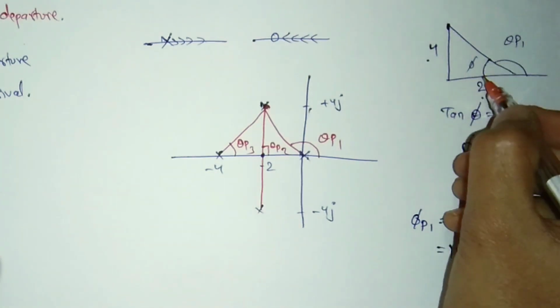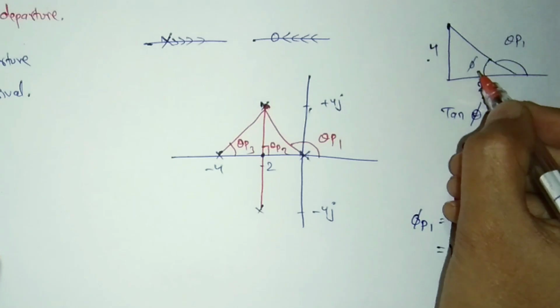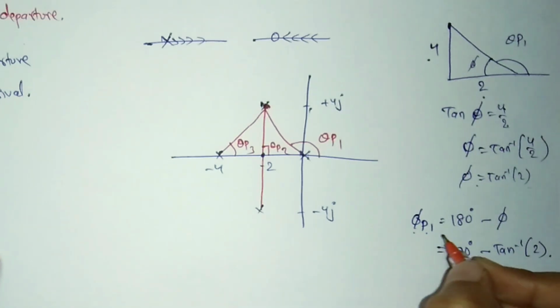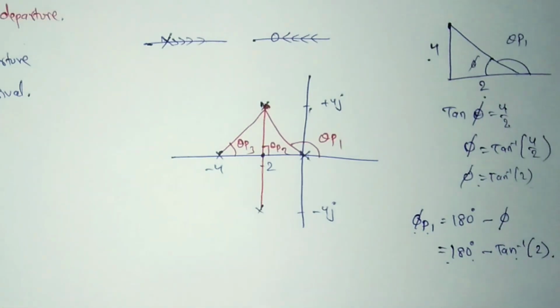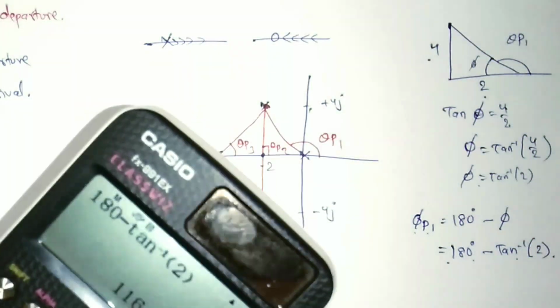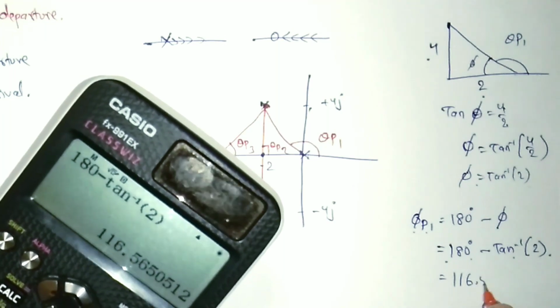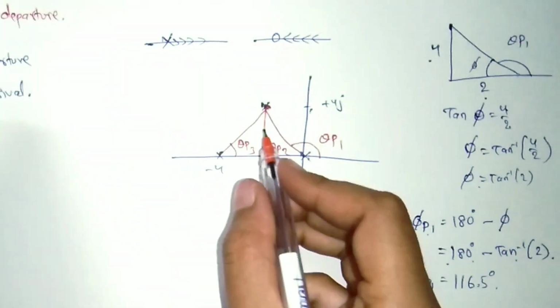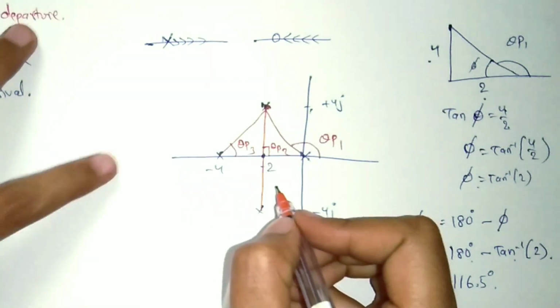And to get theta p1, we subtract this angle from 180 degrees. So 180 minus phi, 180 minus tan inverse of 2, we will get it as 116.5 degrees. This is theta p1.